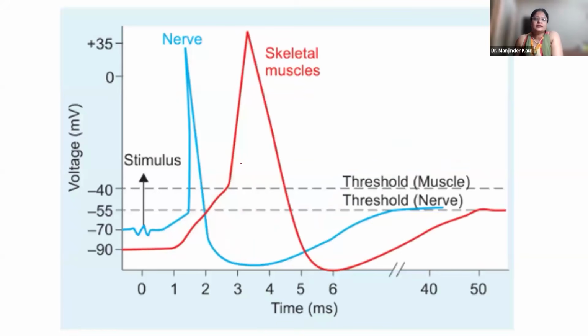So with that, we would see that the action potential of the nerve gets translated to the motor end plate potential, which gives the action potential in the skeletal muscle. So till this point, we had discussed in our previous webinar. So moving forward from here, now what happens?